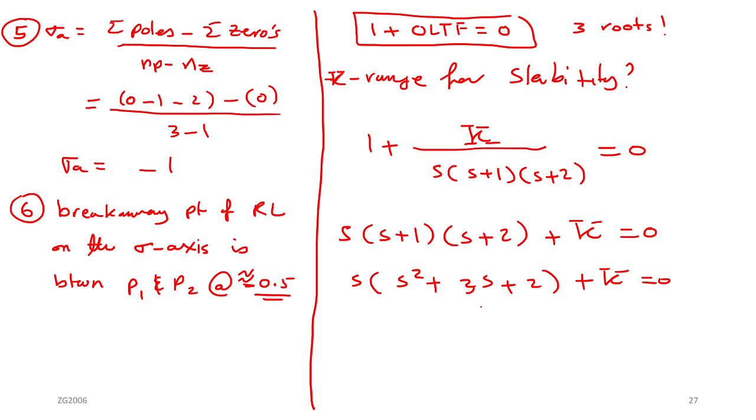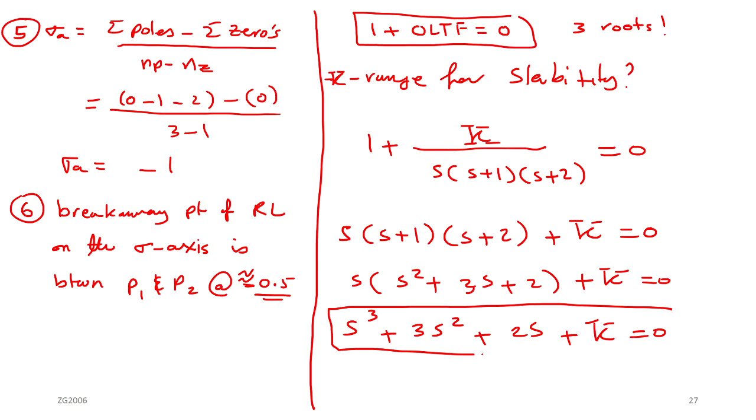And this is going to be S to the power 3 plus 3S squared plus 2S plus K equal to 0. This is my characteristic equation. 1 plus K, this is the same, huh? Same.